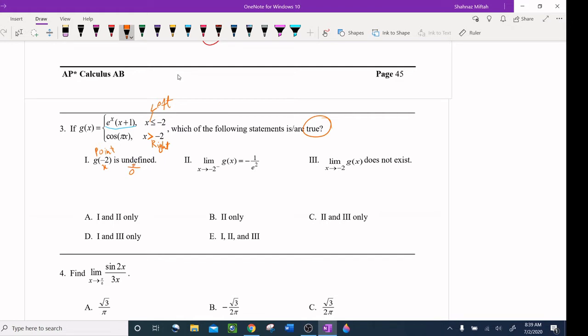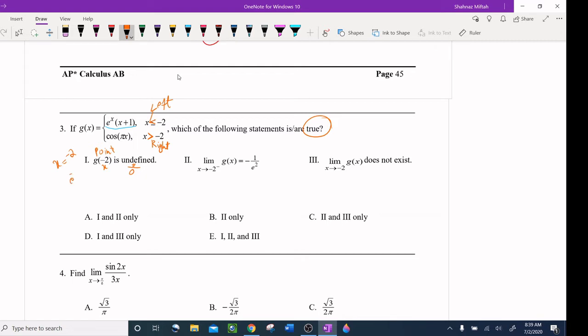But where should we plug in -2? In this piece or that piece? Since I'm plugging in x equal to -2, I have to pick this one, because this one says x less than or equal to -2. This one doesn't say equal. So I'm going to pick this function and plug in -2.